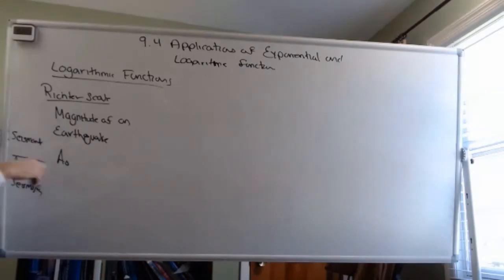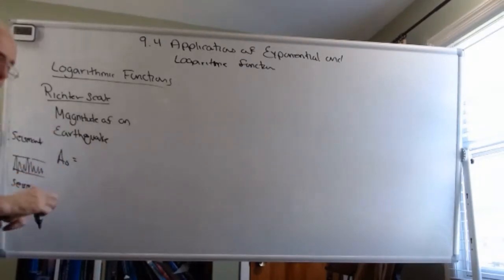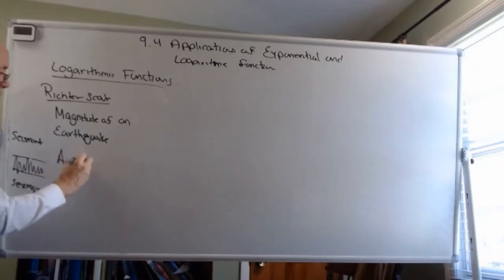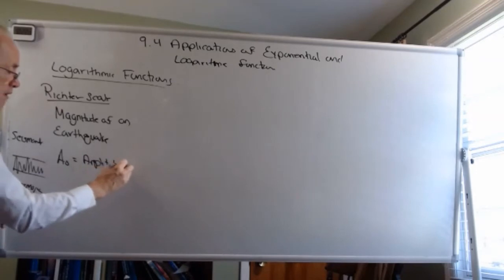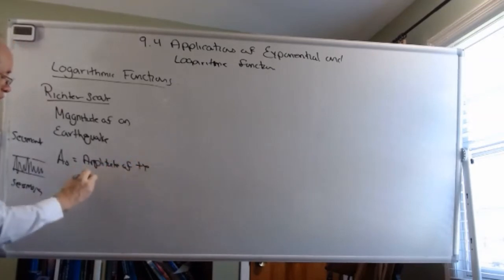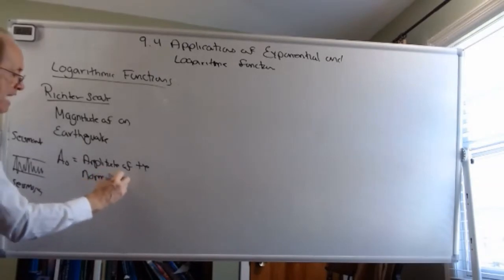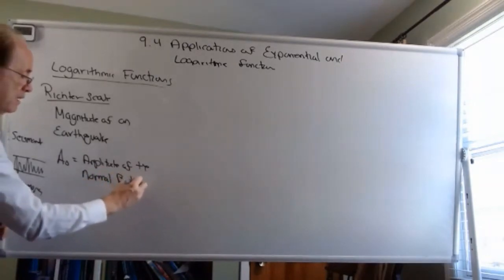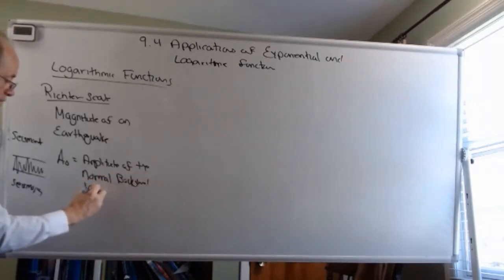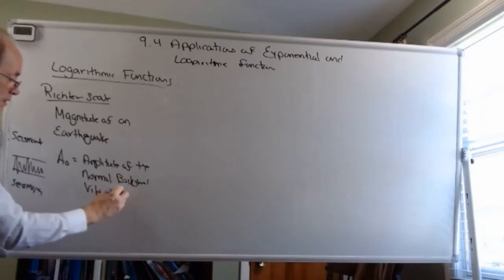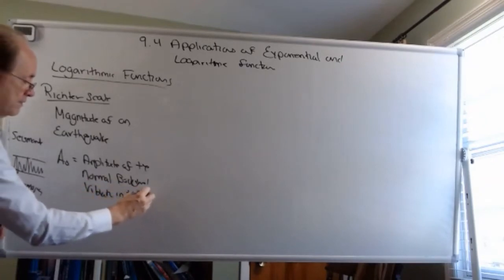So A0 is kind of like the background vibration of the earth. It's the amplitude of the normal, meaning no earthquakes, background vibration in the Earth's surface.